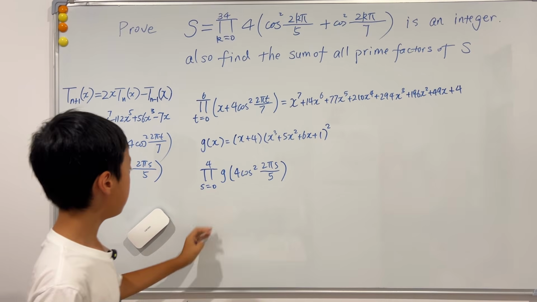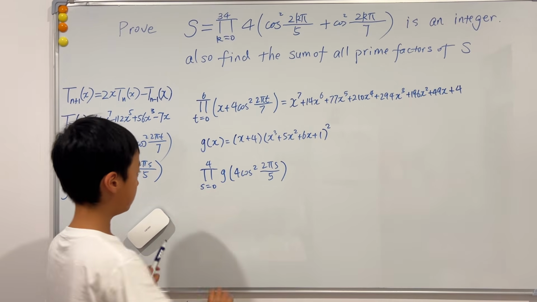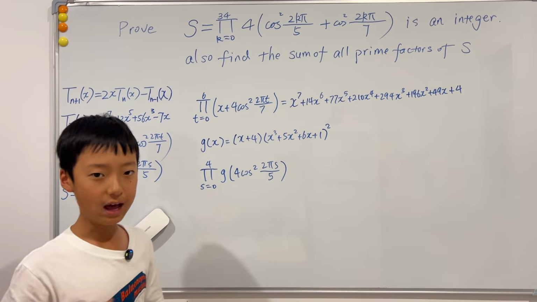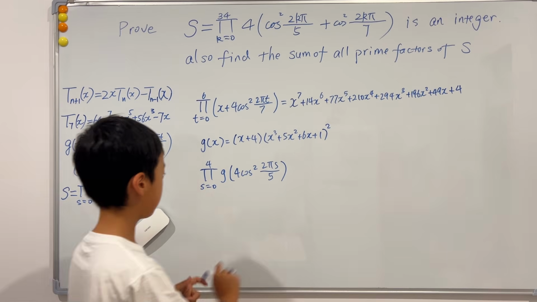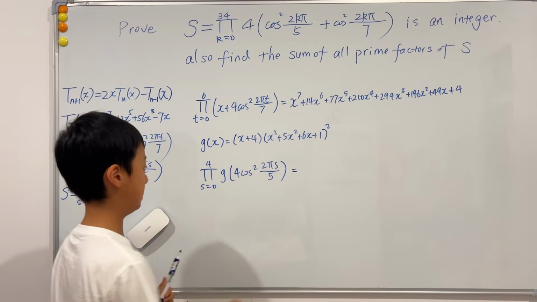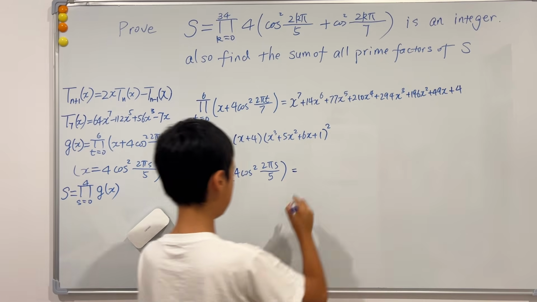Okay, so now that we have this, we see that this product goes from when s is 0 to 4. So there will be 5 terms multiplying together. What will be the first term? Well, when s is 0, this becomes cosine of 0, which is 1. So it becomes g of 4.